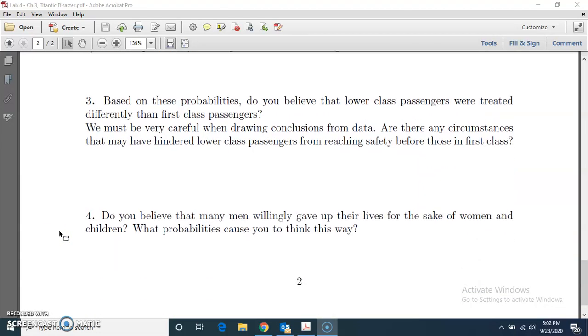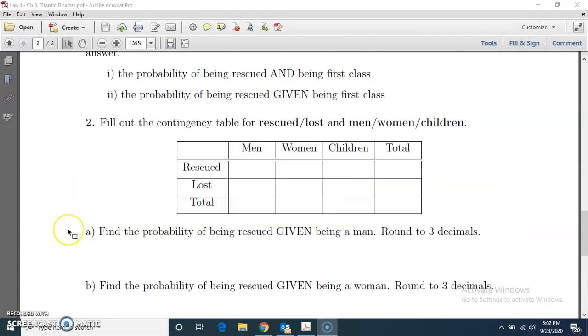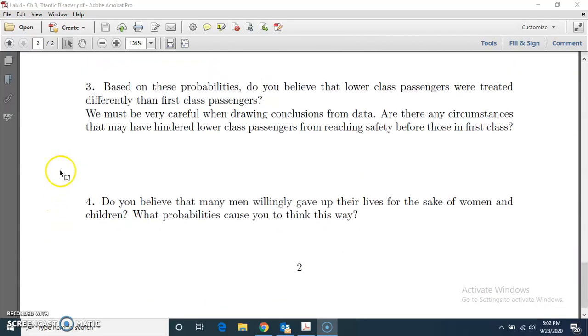And then questions 3 and 4 kind of cause us to reflect on what we did. In number 3, you reflect on what you did in number 1. Number 4, you reflect on what you did in number 2. And there's not necessarily a right or a wrong to these, but just be sure to give reasons.